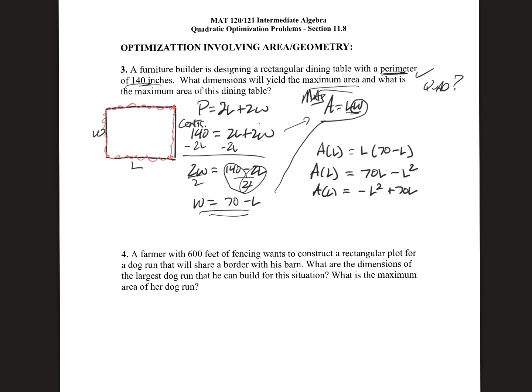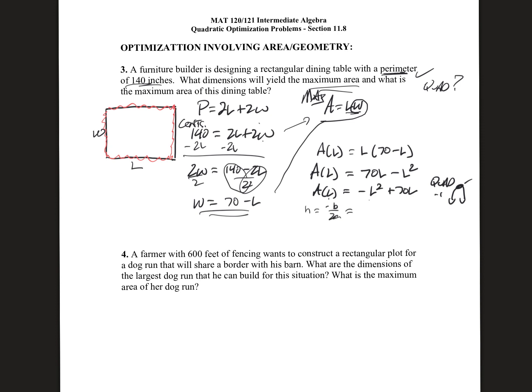And lo and behold, after that work, we finally have what we want. We have a quadratic. The lead coefficient is -1, which means we have a parabola opening down. So to maximize this area, we have to find the vertex. What is the length that maximizes this? Well, how about we use the good old-fashioned vertex formula, negative b over 2a.